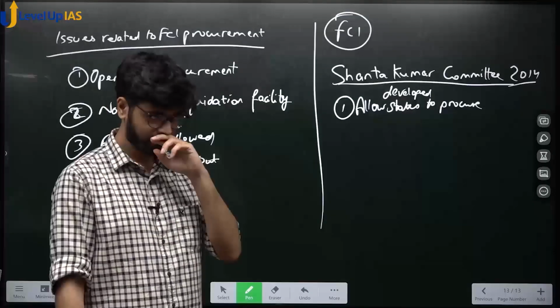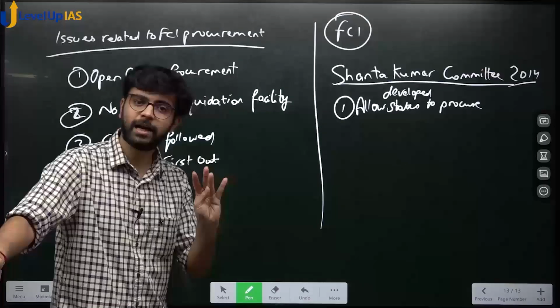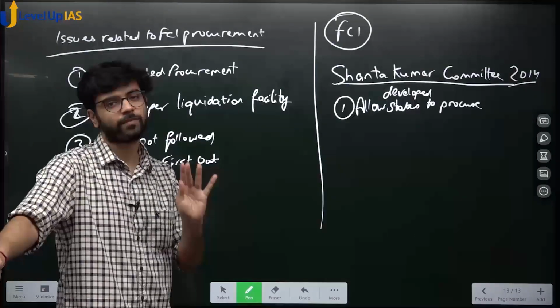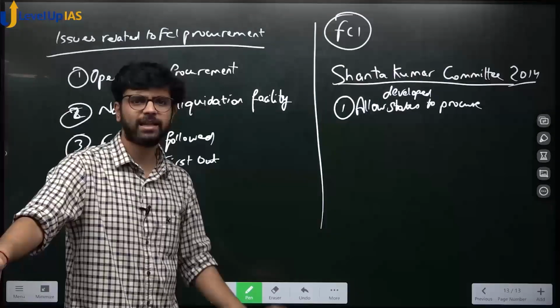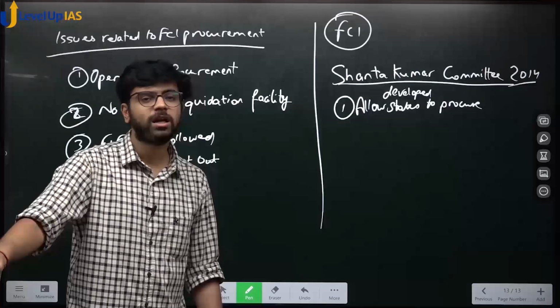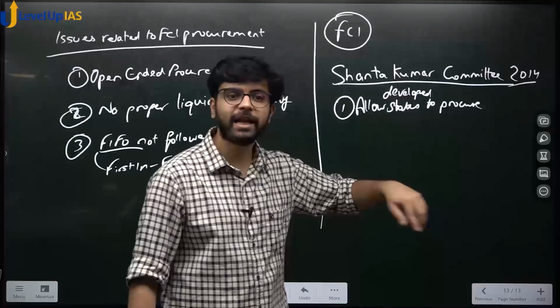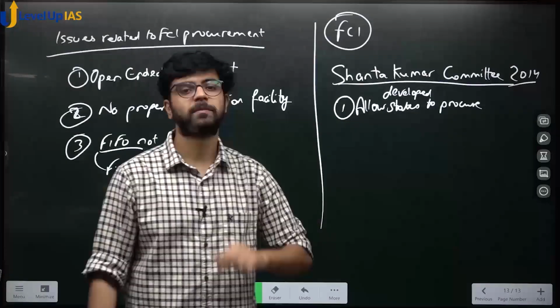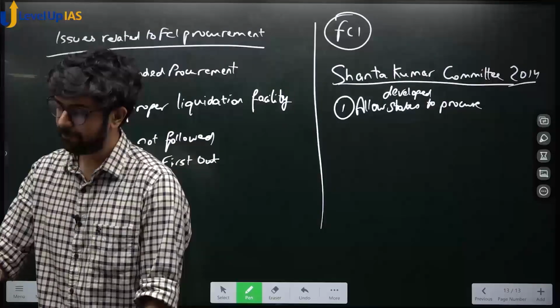Can you name them? Punjab, Maharashtra, Tamil Nadu, Andhra Pradesh, Gujarat. UP is also there. Allow developed states to procure so that FCI can focus on underdeveloped states and procure there. Okay?